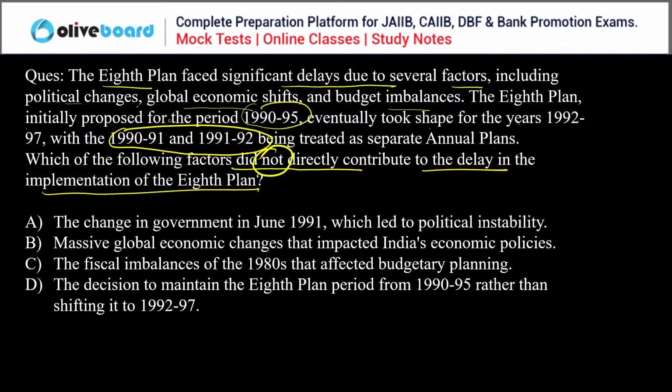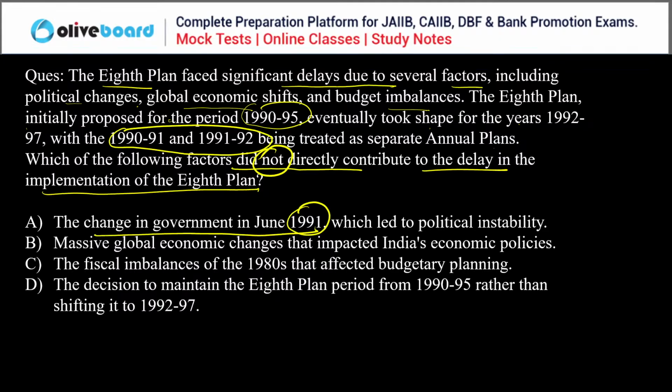If you are saying A, it is one of the main factors due to which there was a delay in the implementation of the eighth 5-year plan, and there was a planning holiday which was introduced from 1990 to 1992. The change in the government in June 1991: when I discussed the 5-year plan in detail, I told you there were changes in government in 1991.